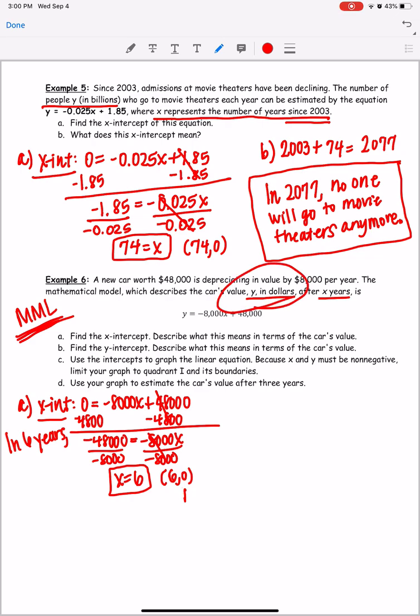Your dollars. So in 6 years, a $40,000 car is worth, you could put $0, but essentially it's worth nothing.